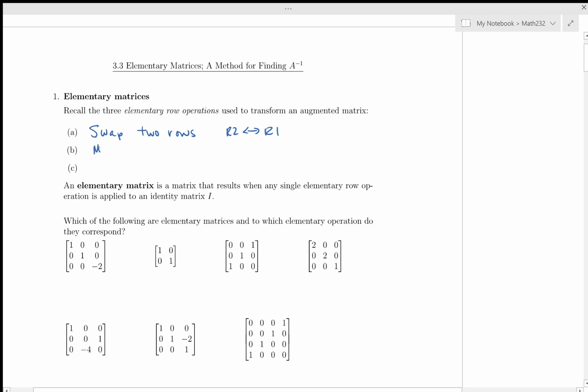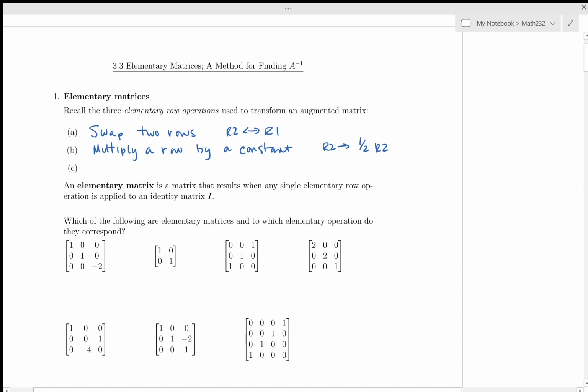Multiply a row by a constant. So we can multiply both sides of one of our equations by a constant. For example, this would be row 2 becomes 1/2 row 2. So I would multiply row 2 through by a half.